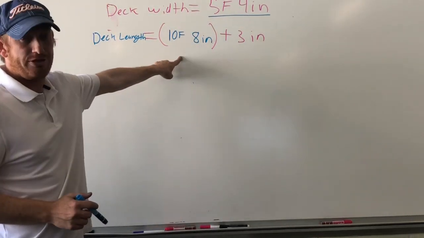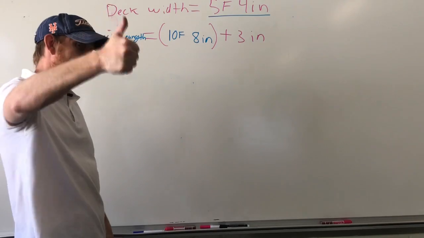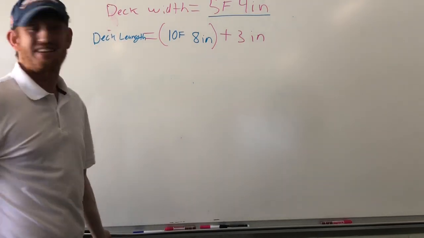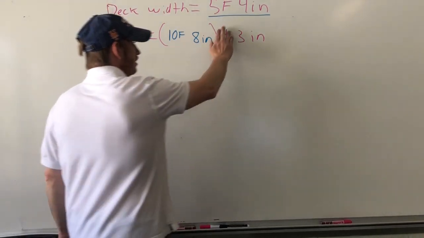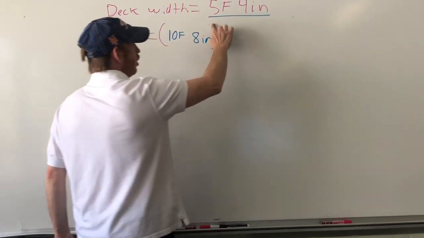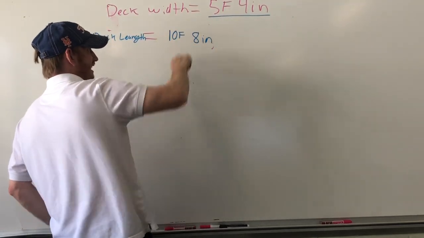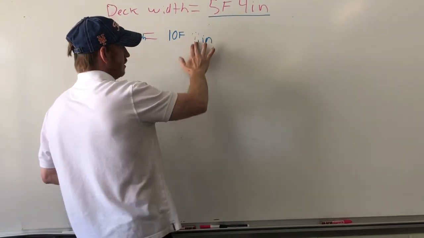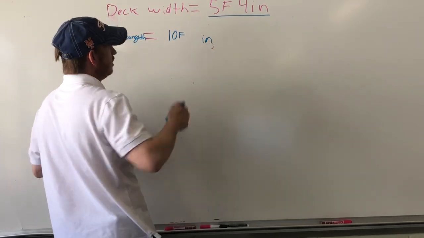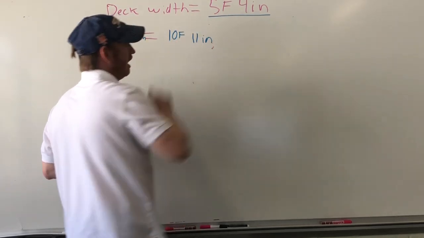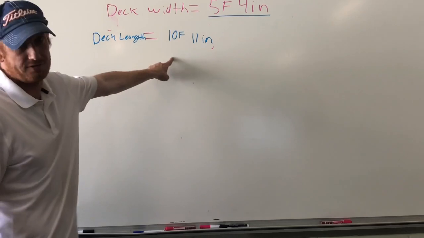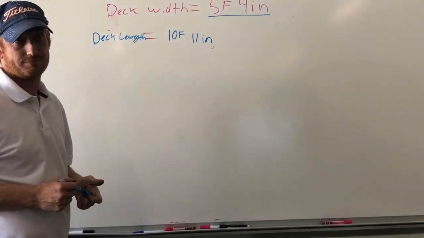If I add 3 inches to 8, 9, 10, 11, that doesn't give us a new foot. So I know that our deck length is 10 feet, 11 inches.